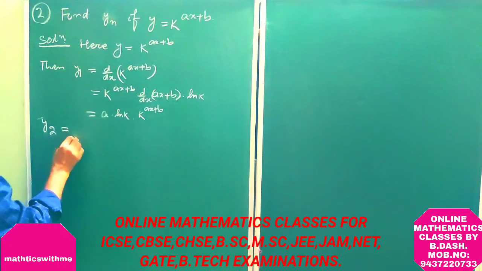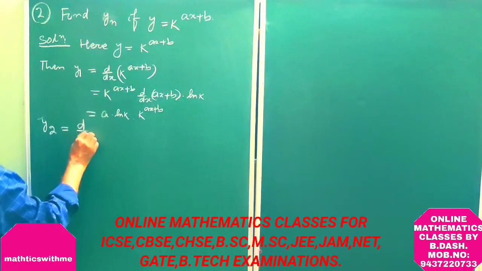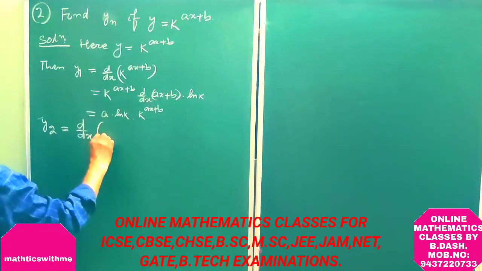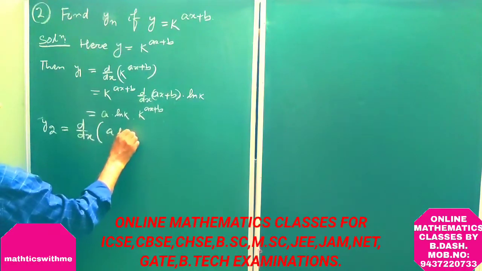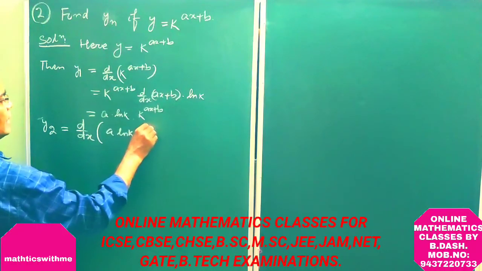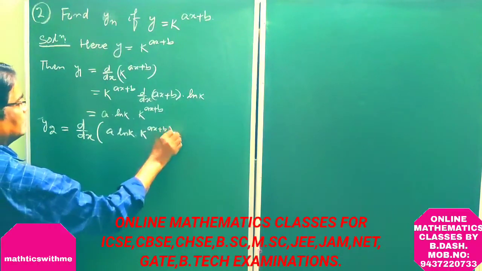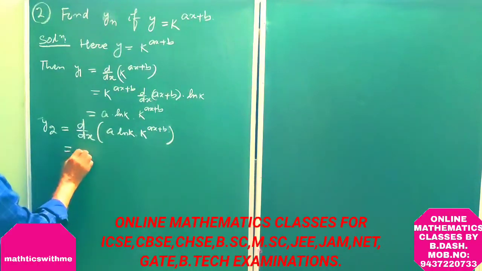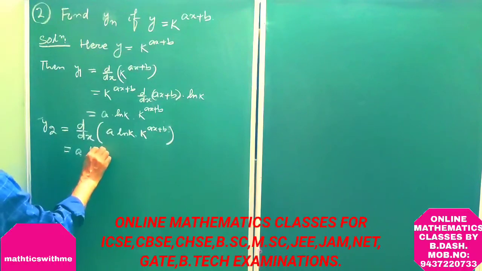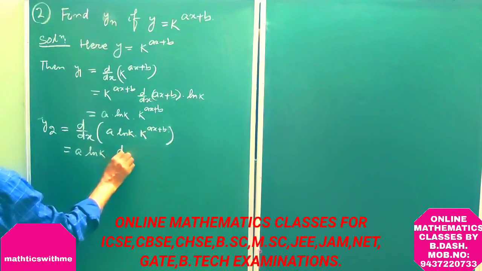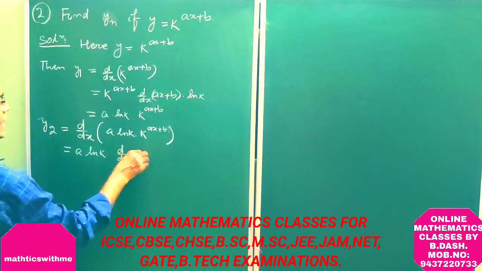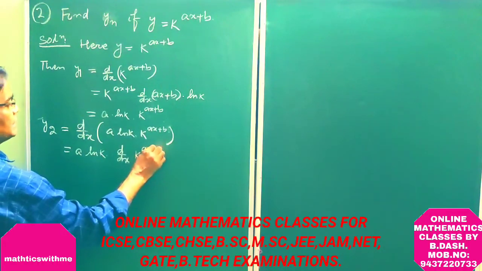y2 is equal to d by dx of a ln k, k to the power ax plus b. So this is equal to a ln k times the derivative of k to the power ax plus b.